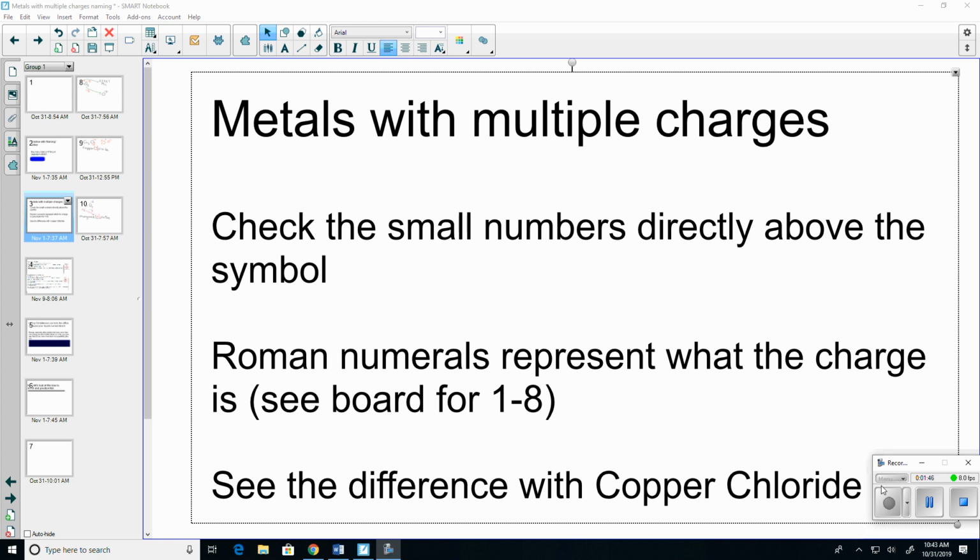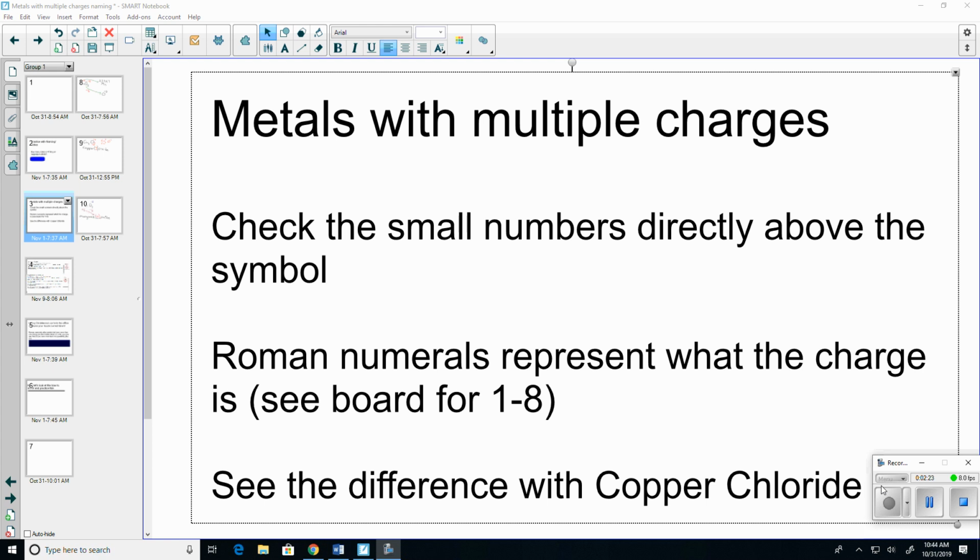Oxidation states fall into 2 categories. One is their ionic charge, which is what we're dealing with right now, which works great for metals. But oxidation states also play a role in non-metal bonding or covalent bonding, which we do not want to confuse you with right now. So, when we look at the things on the right side of the staircase with the negative charges, their charge is only one option, these things right here. However, for the metals, the little numbers do make a difference.